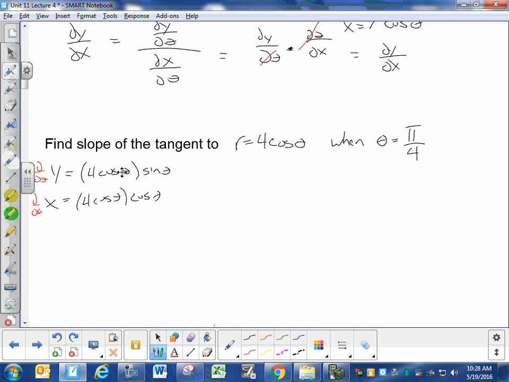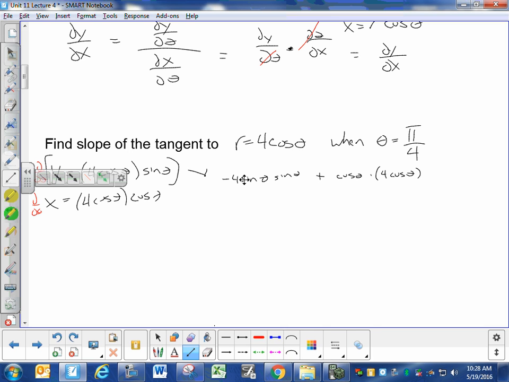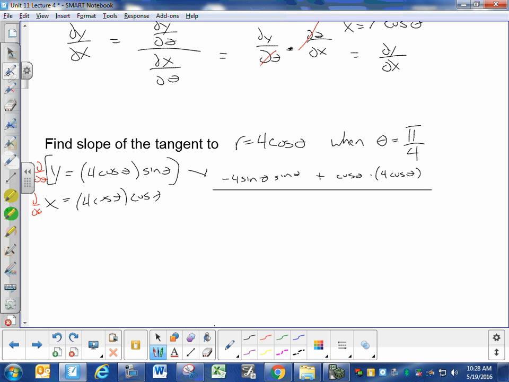So derivative of the first is negative 4 sine theta times the second, sine theta, plus the derivative of the second, cos theta, times the first, 4 cos theta, divided by the derivative of x with respect to theta, which will be dx d theta.